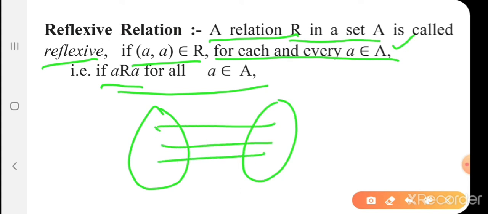If there is A, then that is also A. If this is B, then this is also B. This is C, then this is C. So for all elements related with itself, this relation is called the reflexive relation.